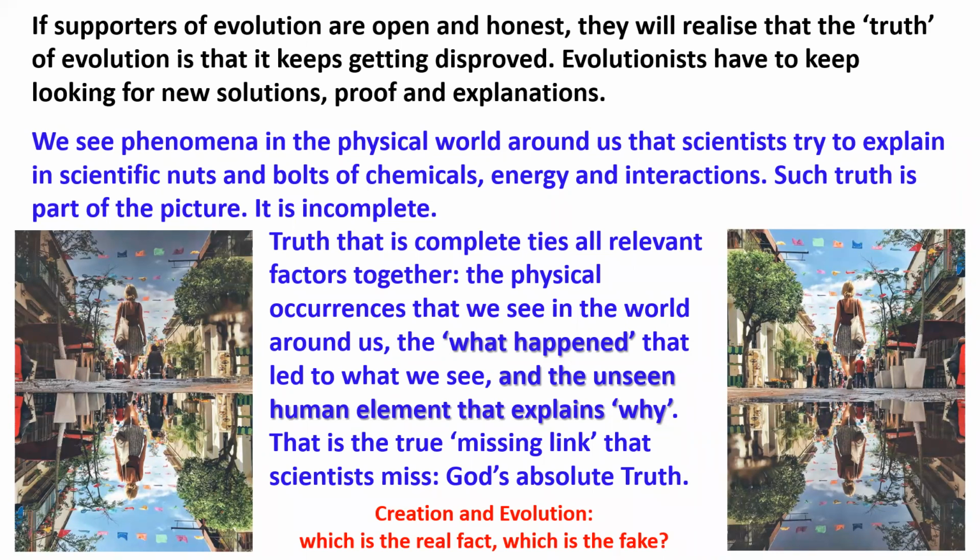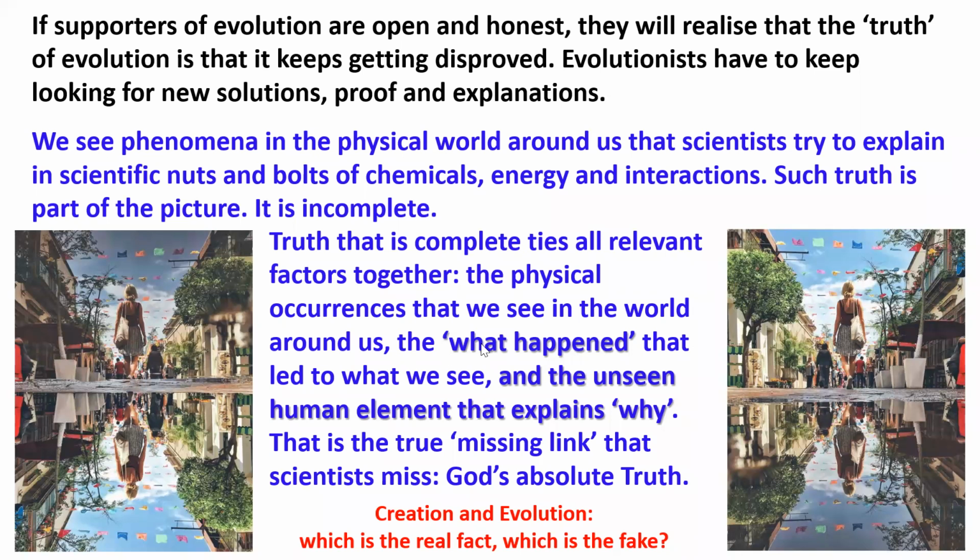Besides technical truth, for example, we talk about aeroplane crashes. We don't just look at technical truth. We also look at something called human error, right? So truth that is complete will tie all the relevant factors together. And that includes the physical occurrences we see in the world around us. Those are the technical things.